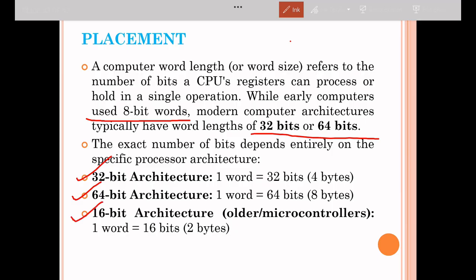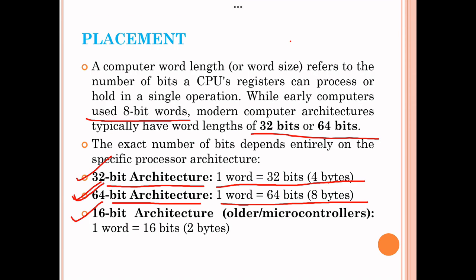What is the meaning of 32-bit architecture? It means one word total size is 32 bits. What is the meaning of 64-bit architecture? One word is equal to 64 bits, which means 8 bytes. If the architecture size is 64 bit, it means it is very fast.